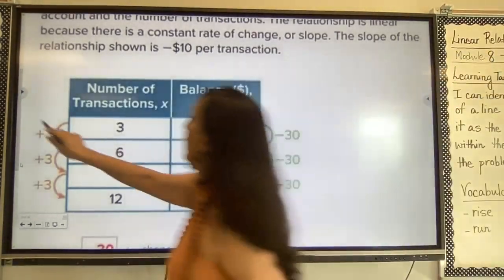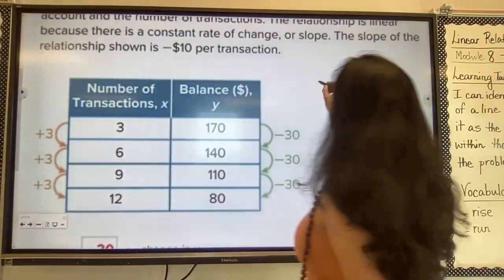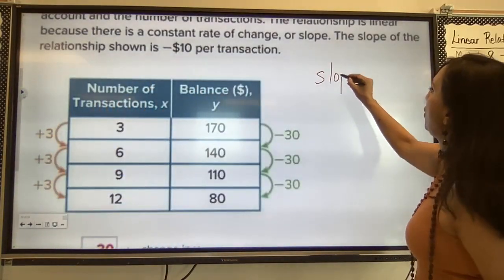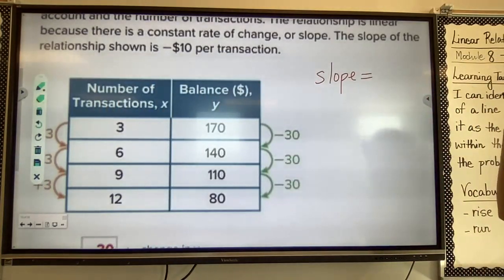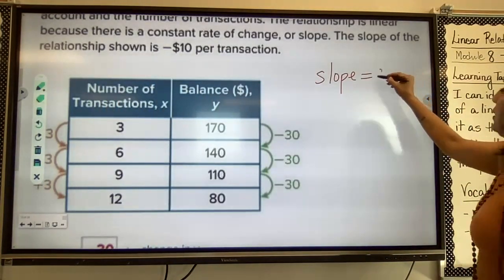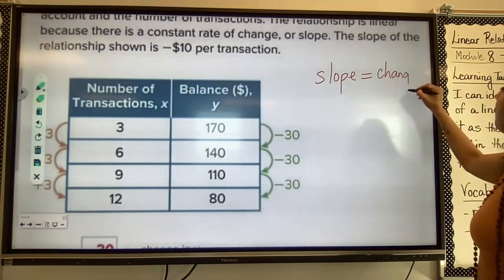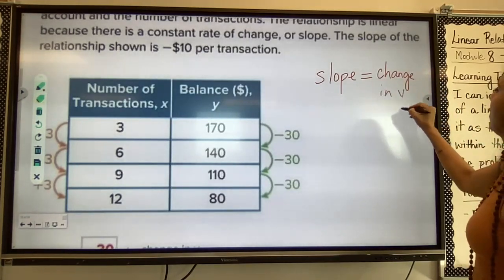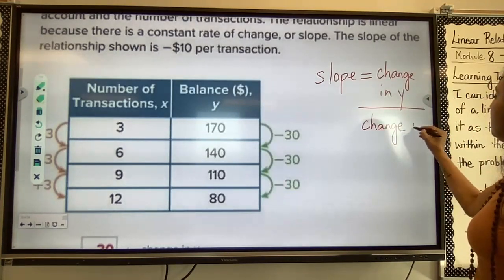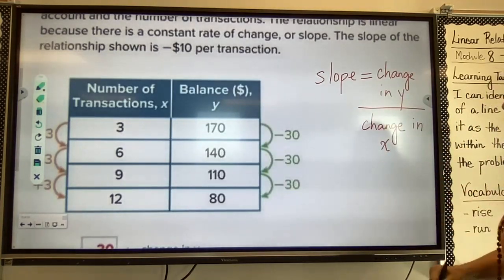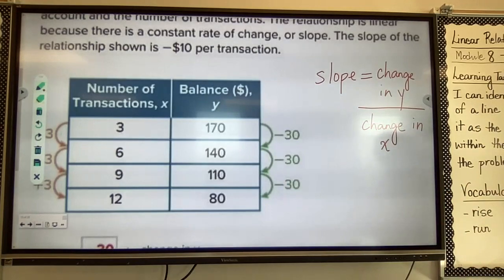Okay, and so what is my slope going to be? My slope is, again, change in y over change in x. So what's my change in y over here?